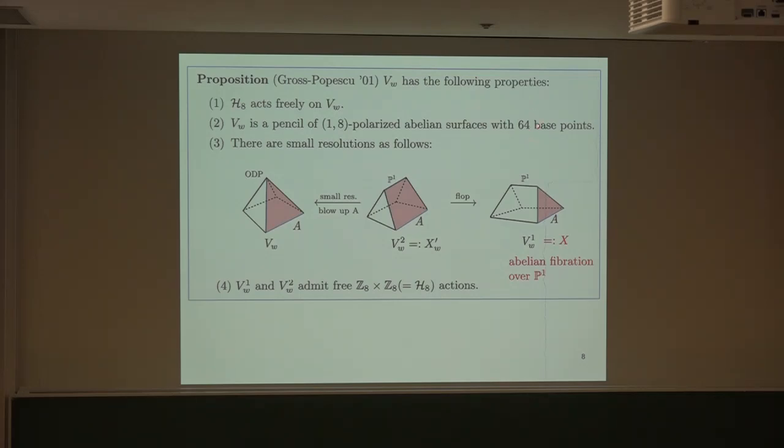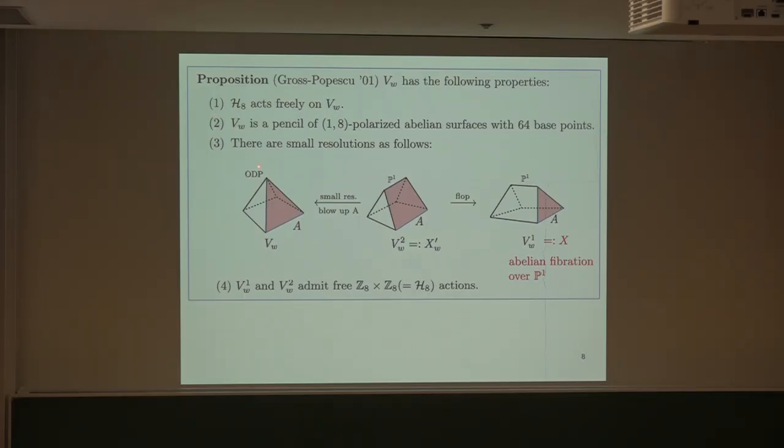The singularity comes from these 64 base points, whose singularity type is ODP. So this Calabi-Yau manifold has just 64 ODPs. Then we can think about a small resolution, and if we can make a small resolution, we will have a smooth Calabi-Yau. That's the third property, and actually we can make a small resolution.